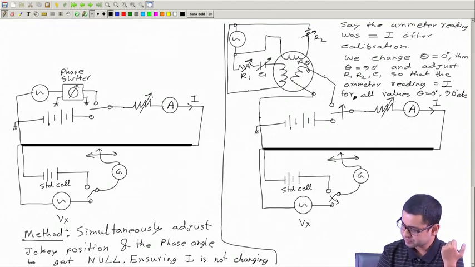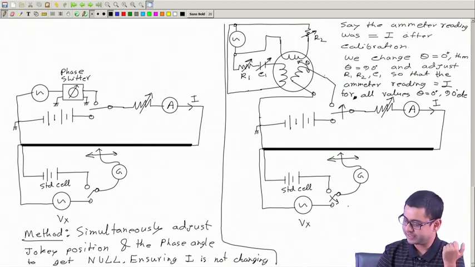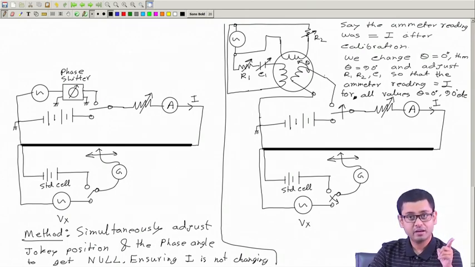And once that is done, then we can connect this key to this unknown source and adjust this jockey and adjust this angle to get the null. So this is important. Before we connect the unknown source, we have to ensure that this current is the same as I, which was the current we got after the standardization.